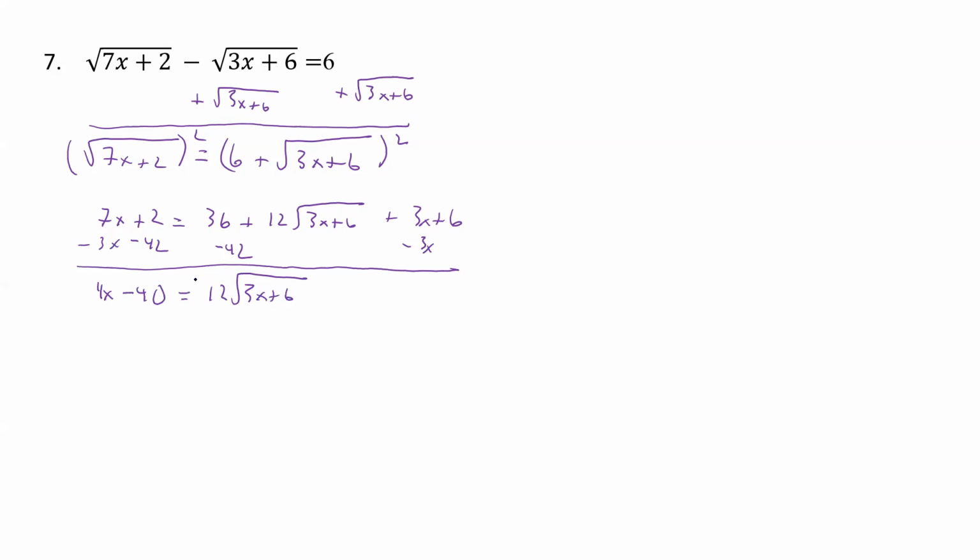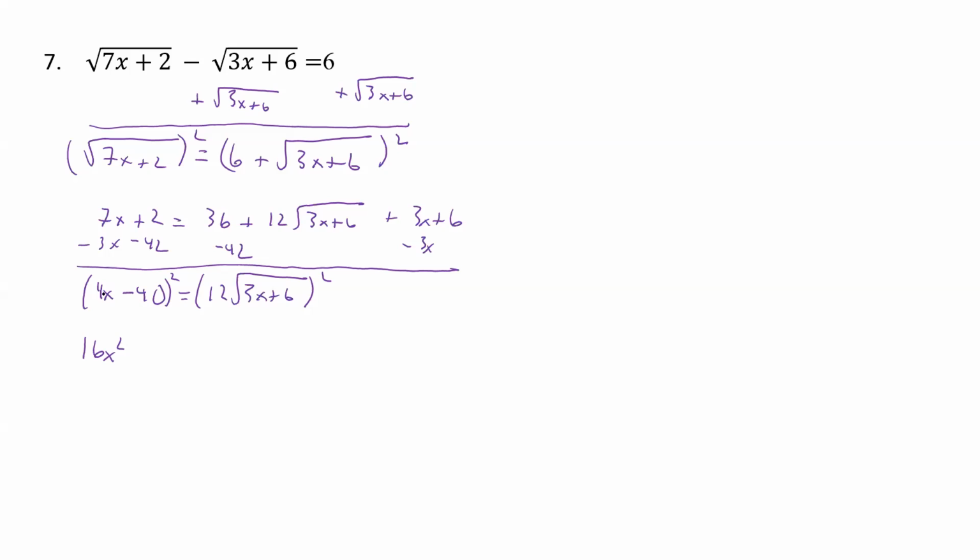It looks like these numbers are going to get quite large when we start squaring this and that. So let's go ahead and multiply that and that. 4x squared is going to give me 16x squared. And then I'll have 2 times that, so it's going to be 4 times 40.